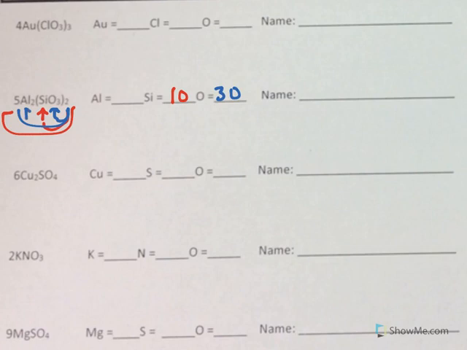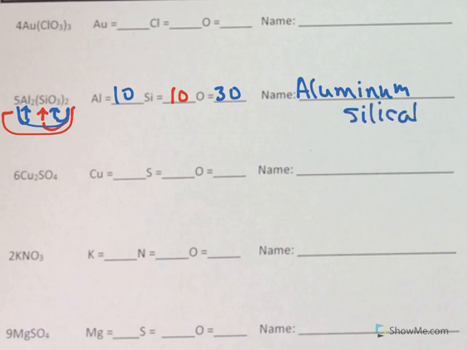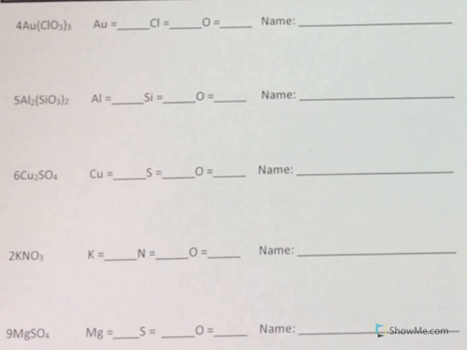And then the aluminum, we have 2 times 5 would be 10. And this would be aluminum silicate. Now, if you're having trouble with the names, remember you've got those flow charts that we made, so make sure you use that flow chart if you're struggling with the naming part.